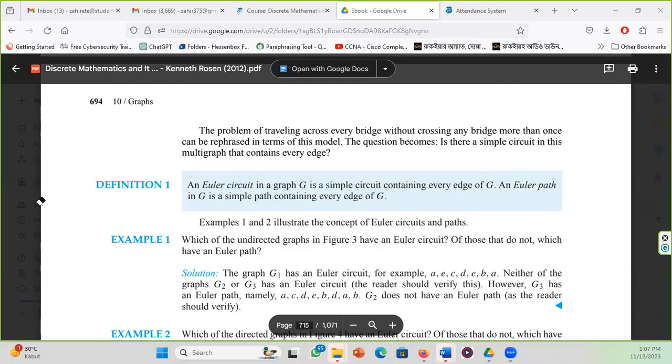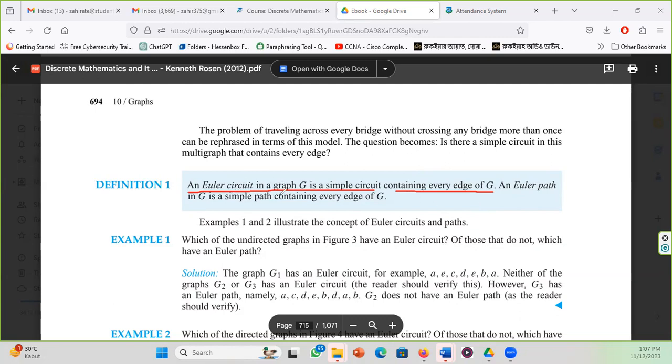Okay, so understand from this line: an Euler circuit in a graph G is a simple circuit containing every edge of G. That means you need to connect every edge, not the node, every edge. There is one correction from my side.